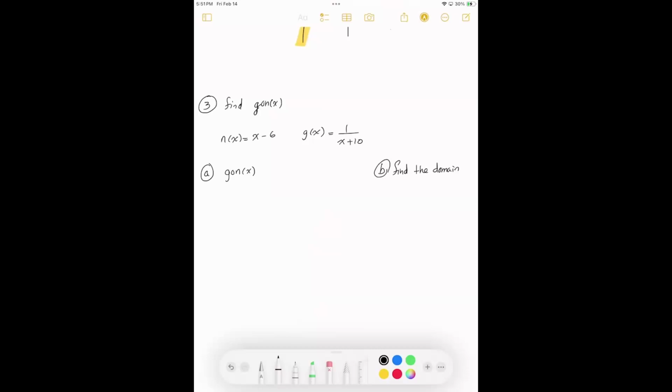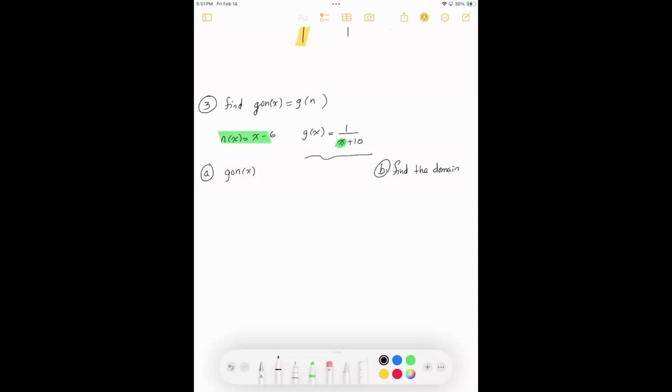That means we want to substitute N in G. We want to change that x. That's what it wants you to do. It says go to function G. This is function G, and change all the x's in G to N. That's what this asks you to do.